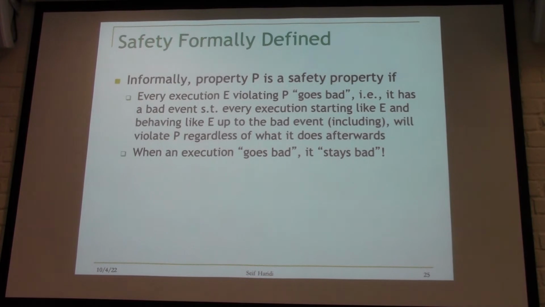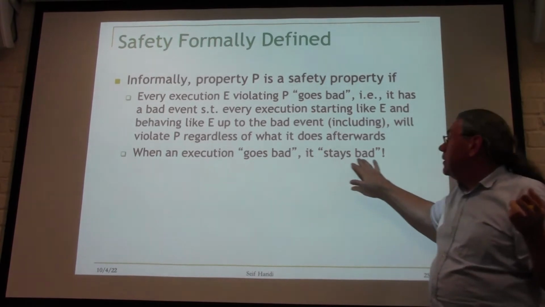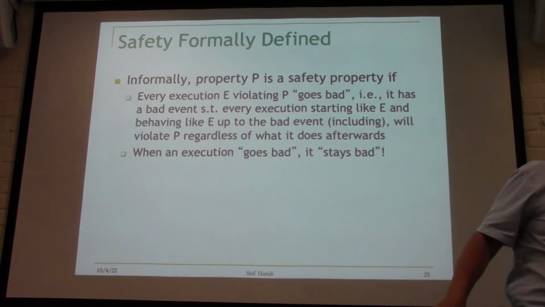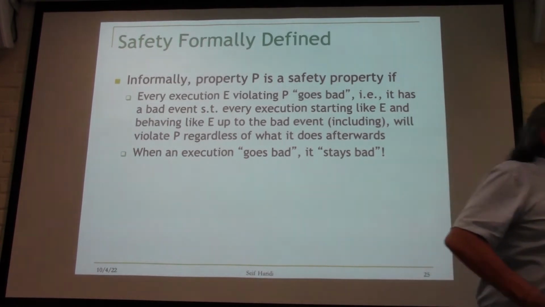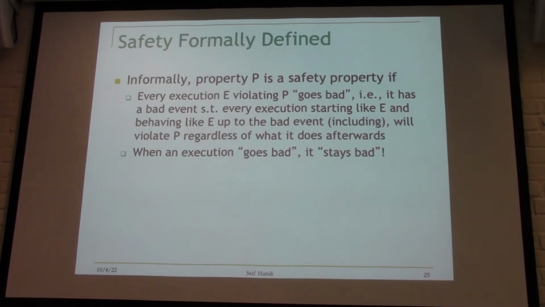So here I drop the egg, and whatever I do after, I go here, or I continue here, or I continue here, any execution that continues after that will also be unsafe. When an execution goes bad, it stays bad. It cannot be repaired. That is the thing about a safety property.